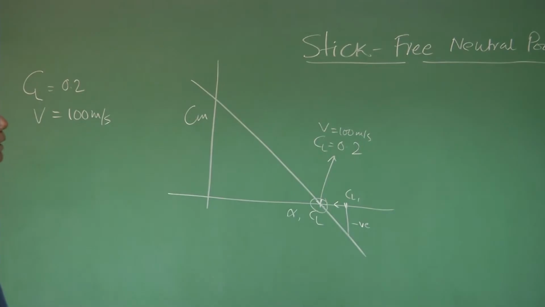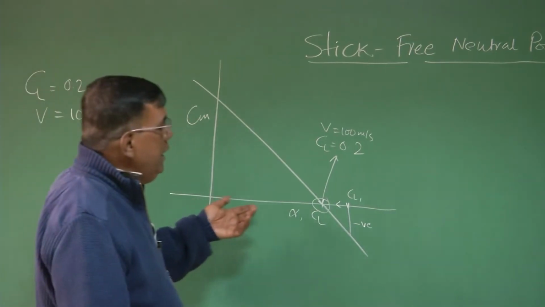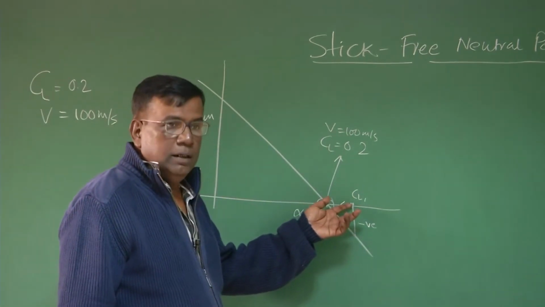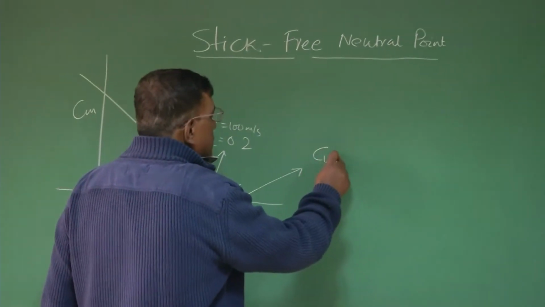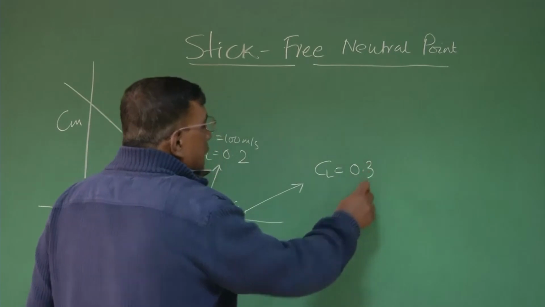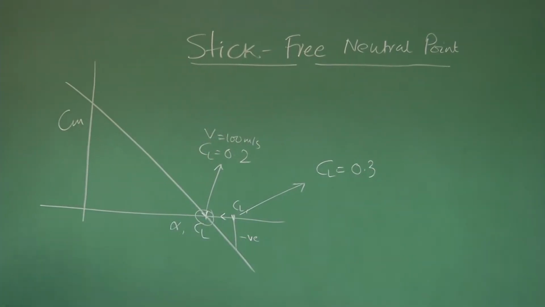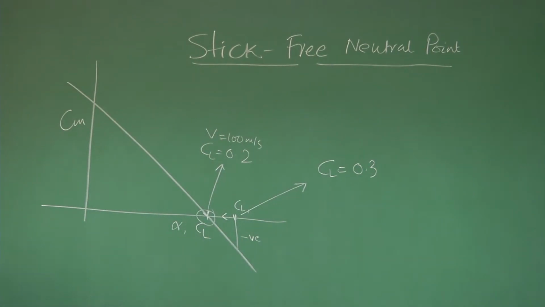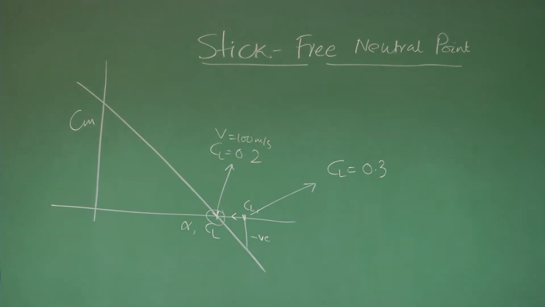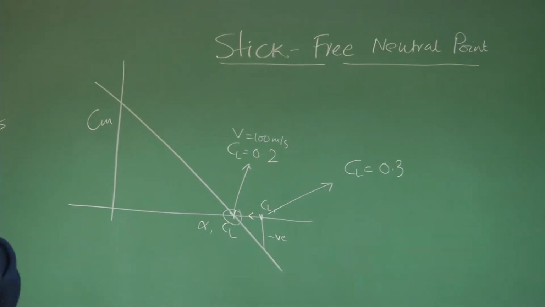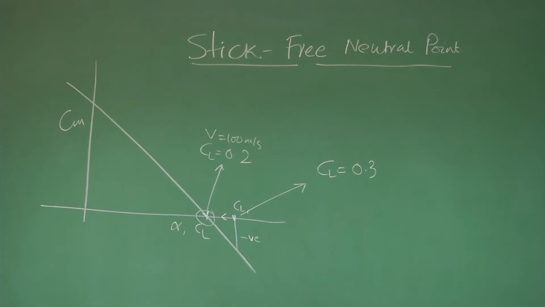Now say the pilot desires to fly at a new CL, CL equal to 0.3, and he has to maintain level flight at the same altitude. So, he has to do what? Reduce the speed, number one, and also do something with the elevator deflection, right?